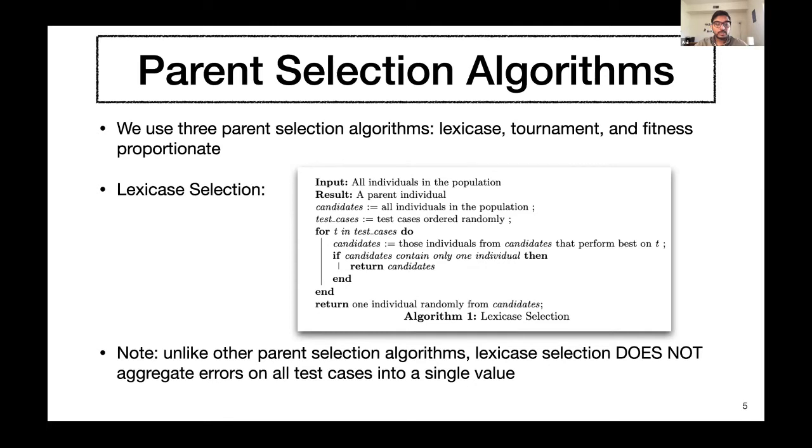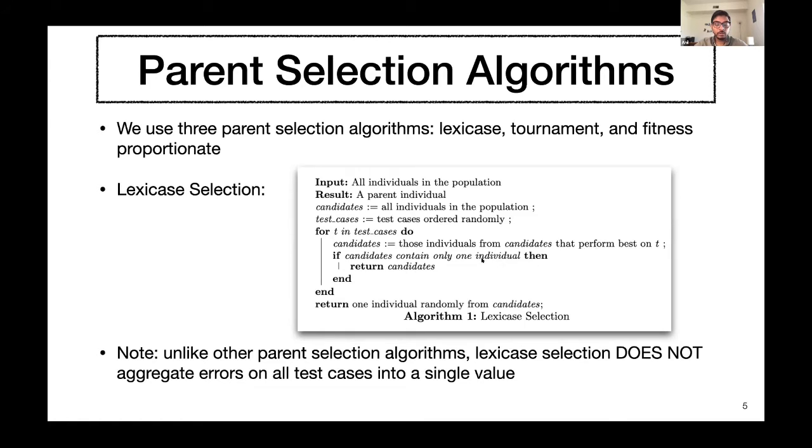What is lexicase selection? In lexicase selection, the pool of prospective parents is filtered down based on their error on a set of test cases which are ordered randomly. In other words, whenever a parent is needed, the set of test cases is ordered randomly, and then for each test case, only the individuals that perform the best on that test case are kept, and the rest are discarded.